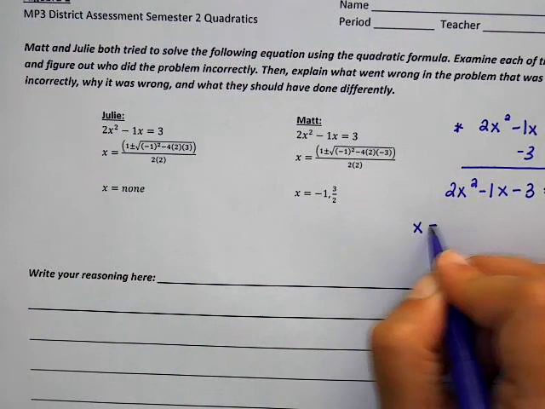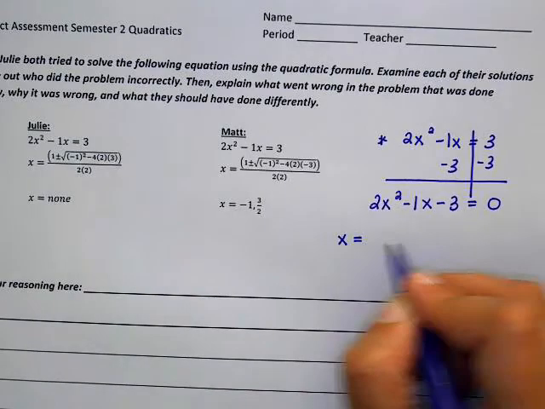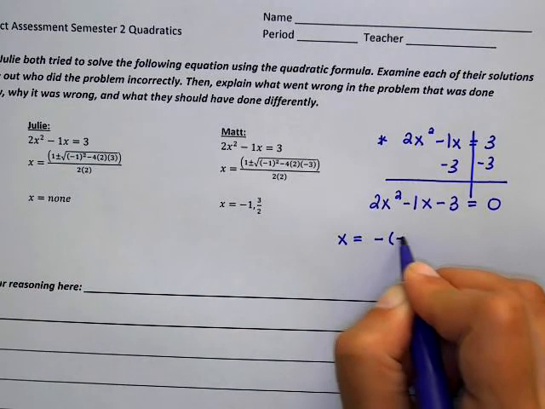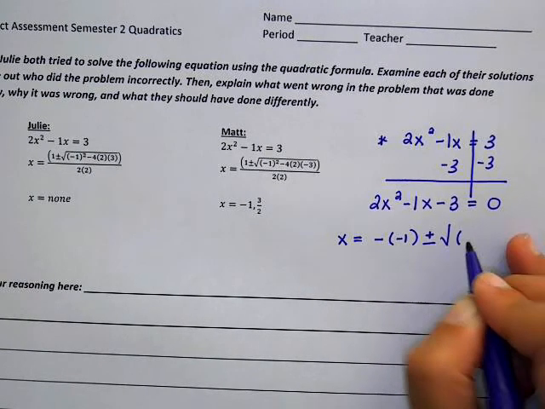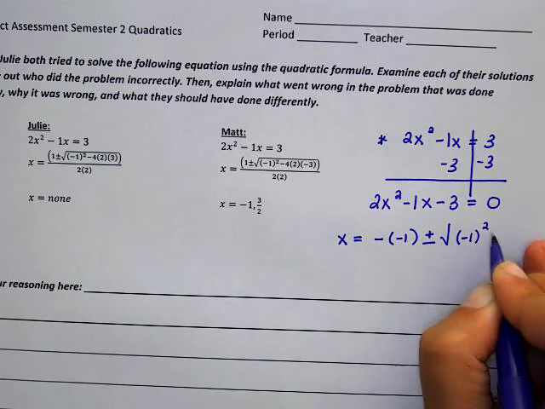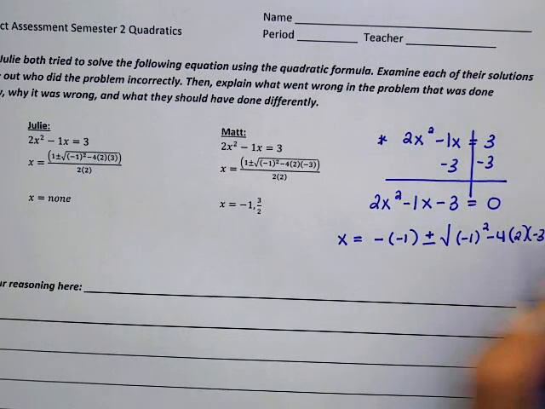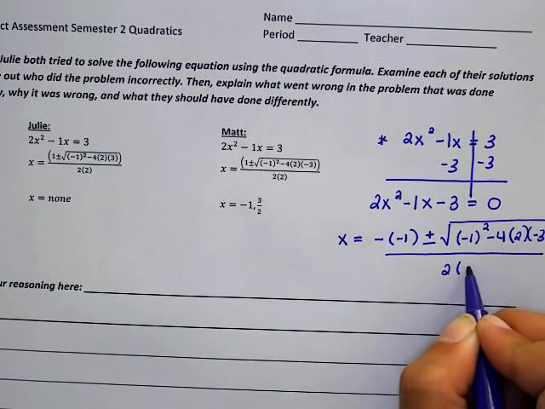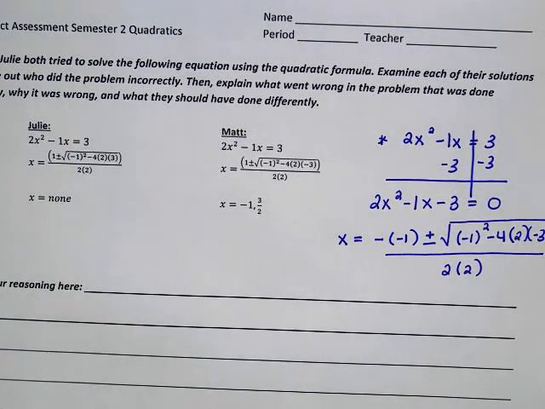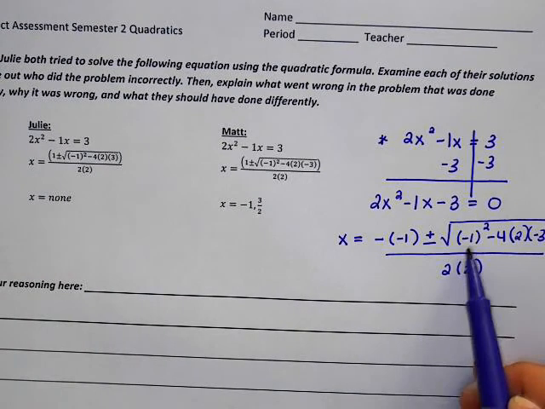So now if I set up my quadratic equation, I would have negative b, which is negative 1, plus or minus the square root of parentheses negative 1 squared minus 4 times 2 times negative 3, all over 2 times a, which is 2. So I've got negative b plus or minus the square root of b squared minus 4ac all over 2a.